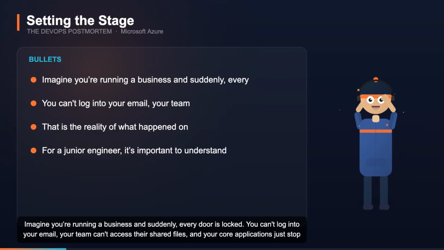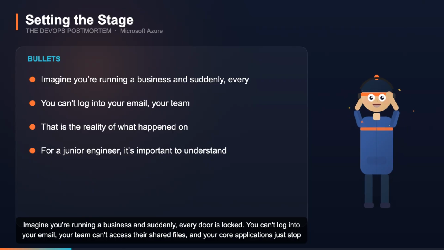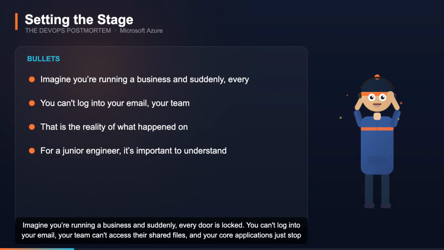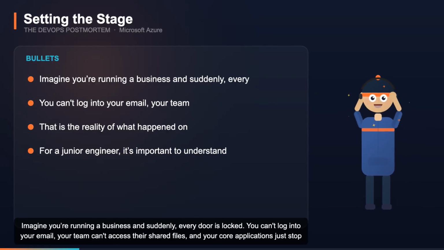For a junior engineer, it's important to understand that Azure AD isn't just one app, it's the gatekeeper. It handles authentication for everything from Microsoft 365 and Teams to Xbox Live and third-party apps. When it failed, it didn't just break a single feature. It effectively locked out millions of users worldwide.